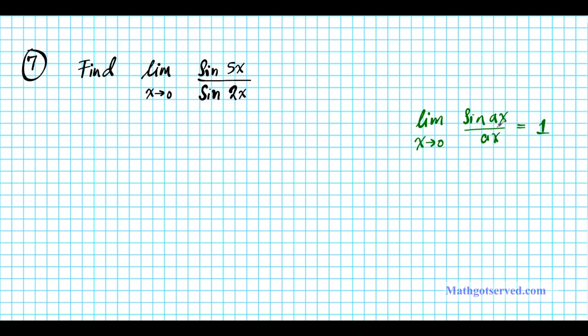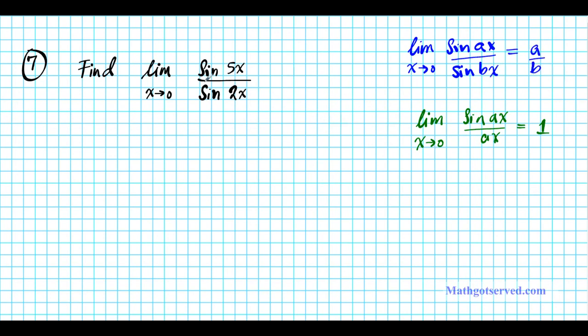As long as the denominator and the argument of your sine are identical, then the limit as x approaches 0 is basically 1. There is also another shortcut you could use to evaluate a limit of this nature. This is a formula derived from the formula right here: the limit as x approaches 0 of sine ax over sine bx is simply a over b.